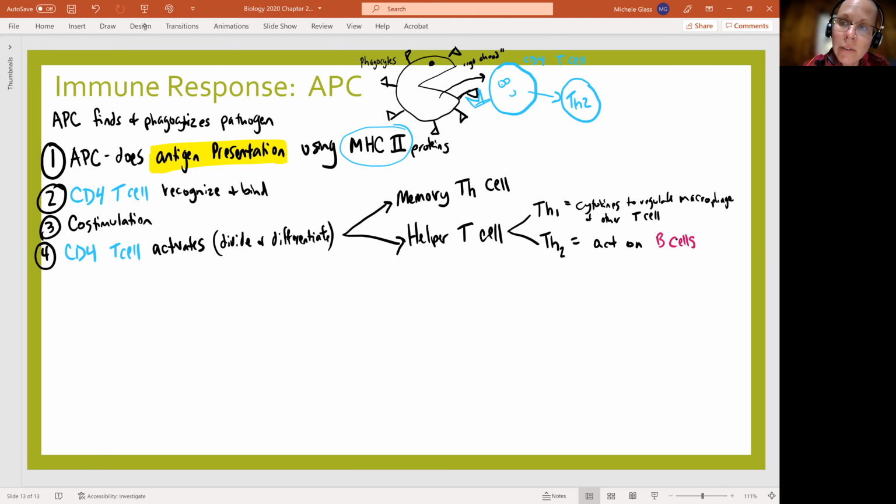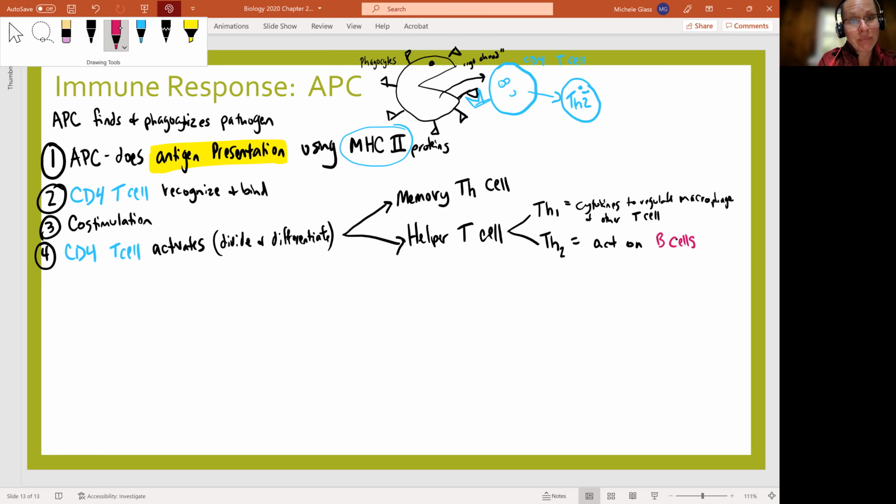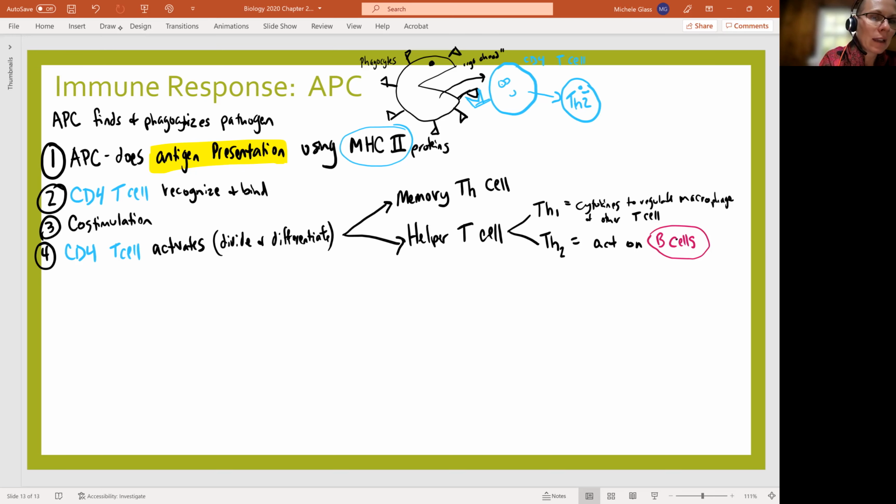I still want to give it a little face, so I'm going to make it look like it's the profile. And what we're going to be looking at next is what's happening with the B cell. Okay. So it's sort of like a separate process, but related.